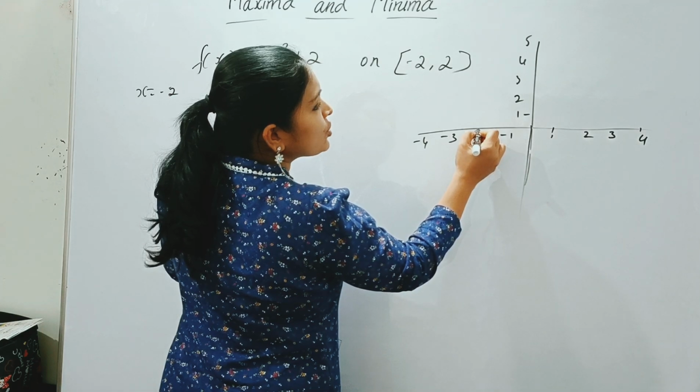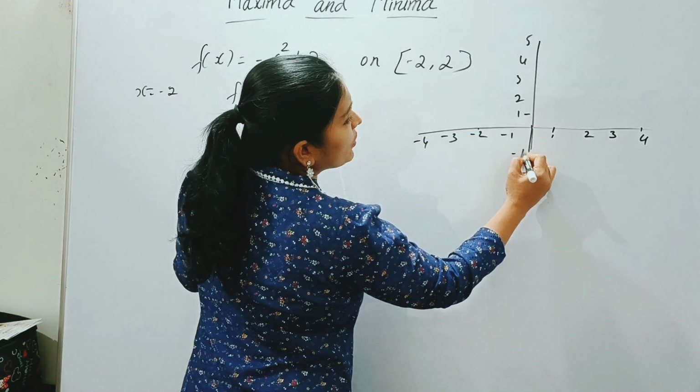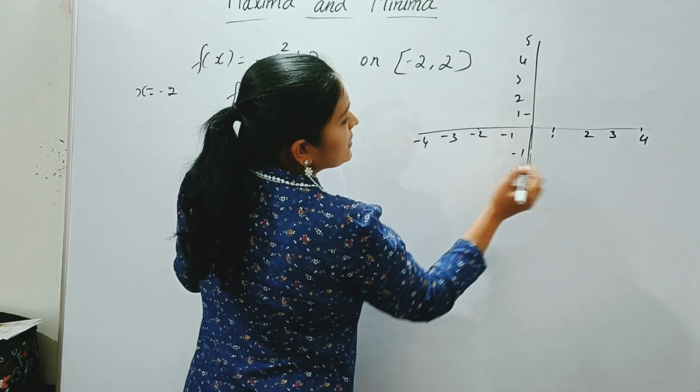When x is equal to minus 2, y is equal to minus 2, right?